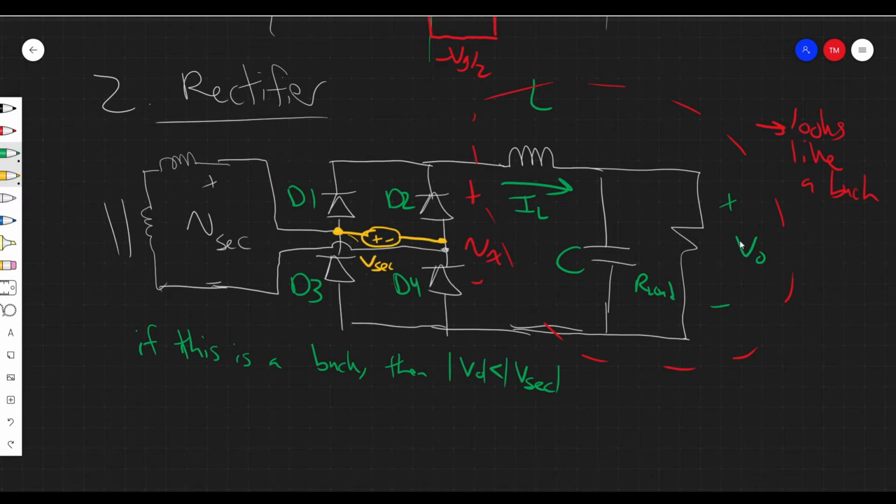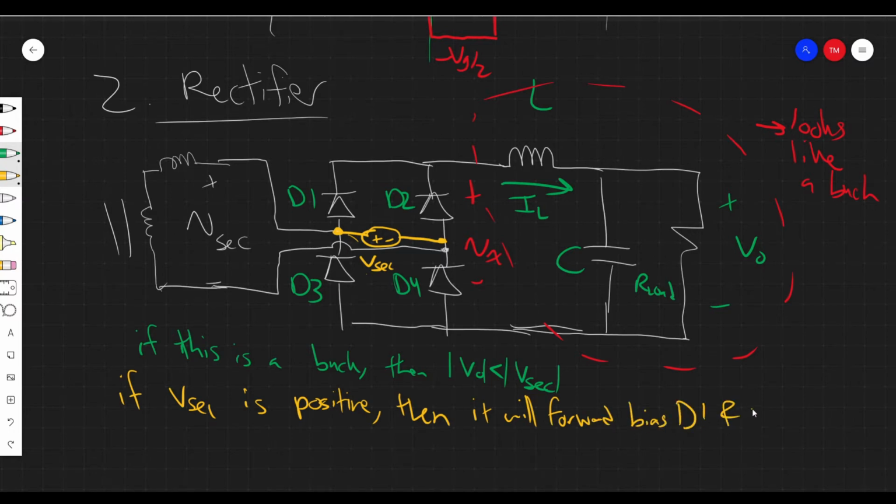Why is that? Well, consider this. There's a voltage here, V out, which is smaller than V secondary, right? So if V out is smaller than V secondary, then the voltage drop will be positive across D1 and positive across D3, but it will be negative across D2 and D4. So if Vsec is positive, then it will tend to forward bias D1 and D4.